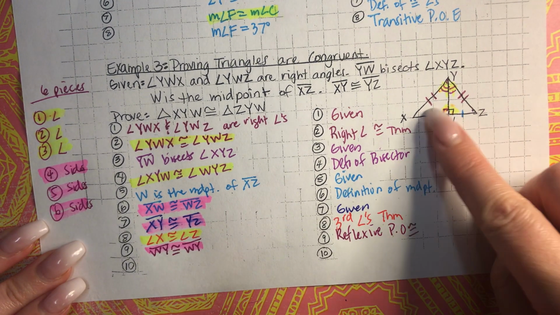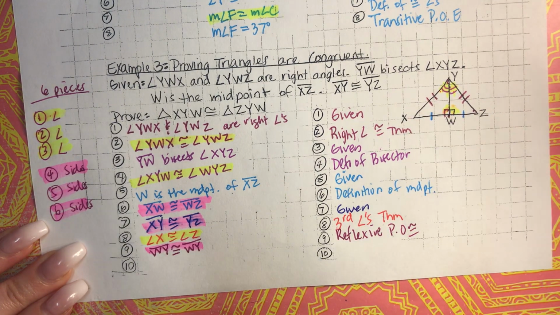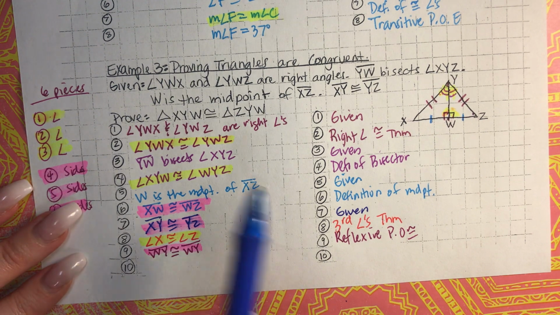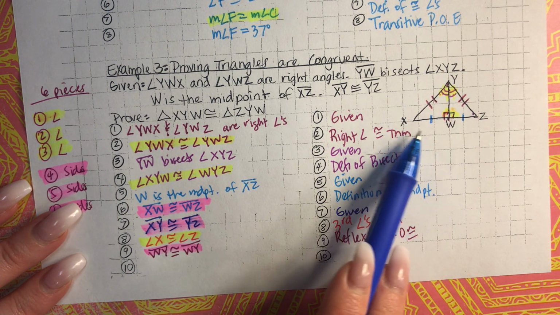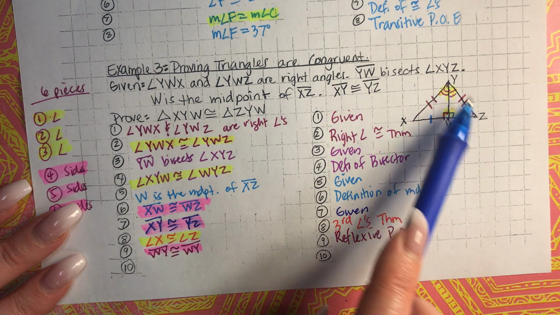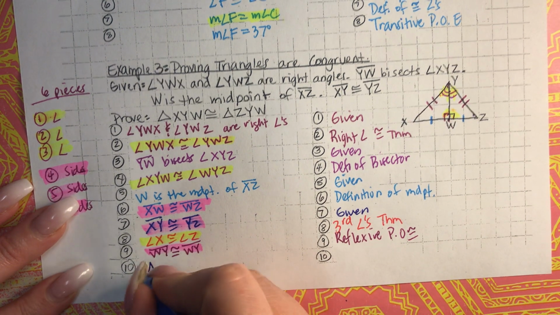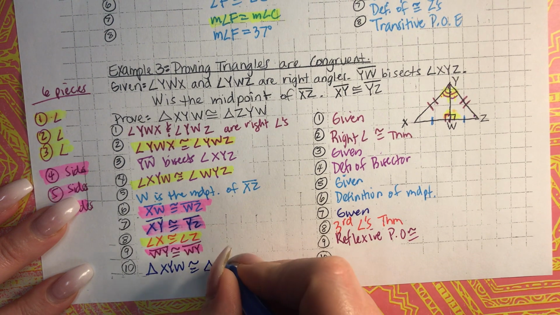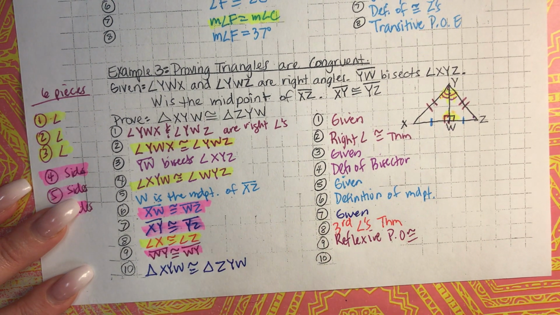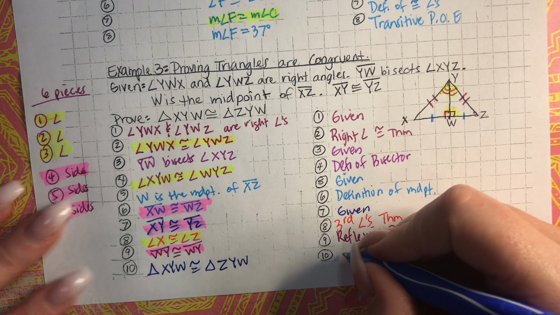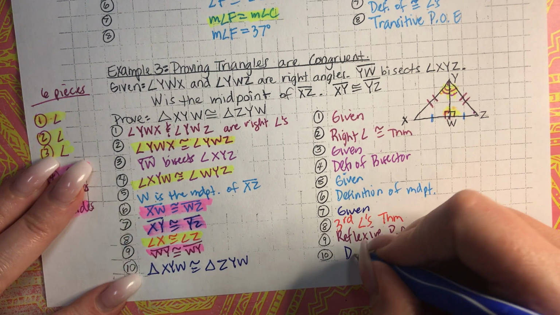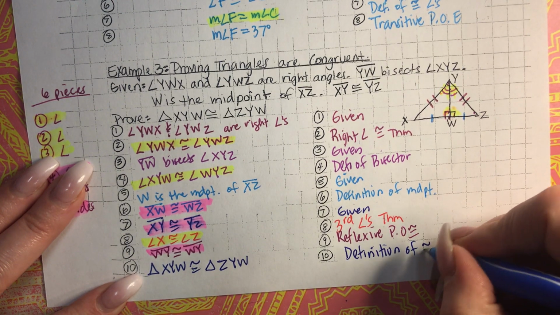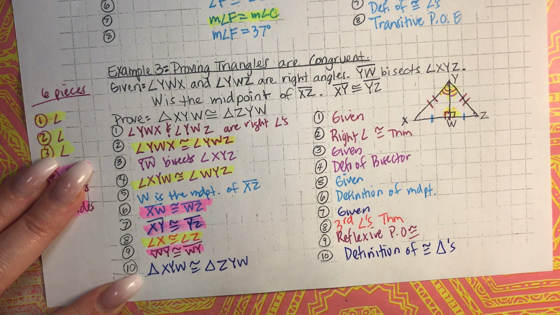If all three angles are the same and all three sides are congruent, then we know that triangle XYW is congruent to triangle ZYW because of the definition of congruent triangles.